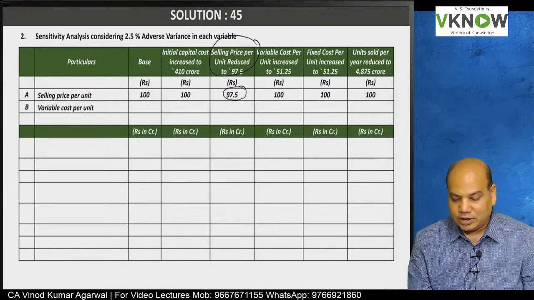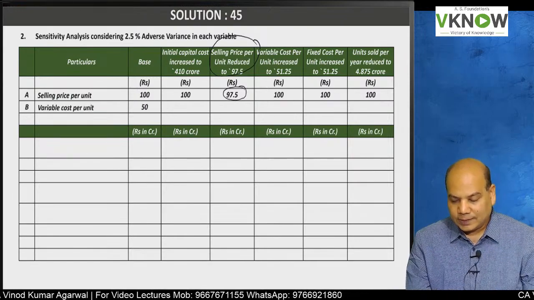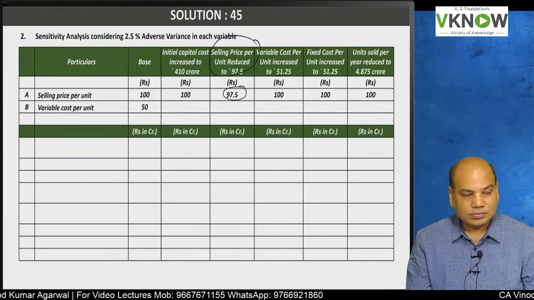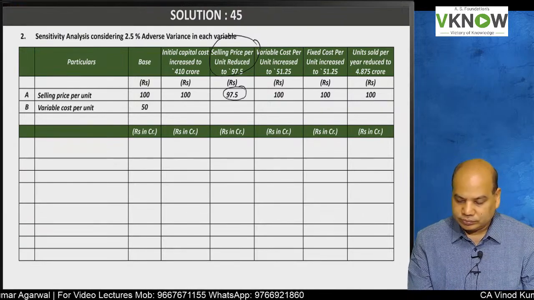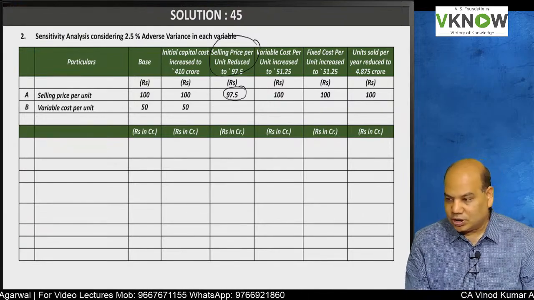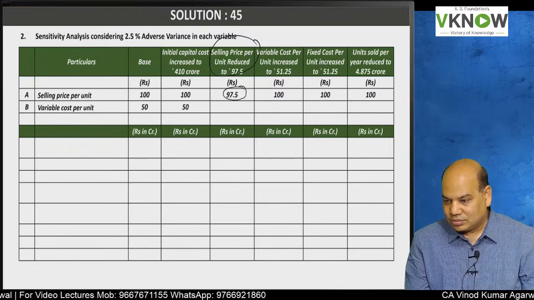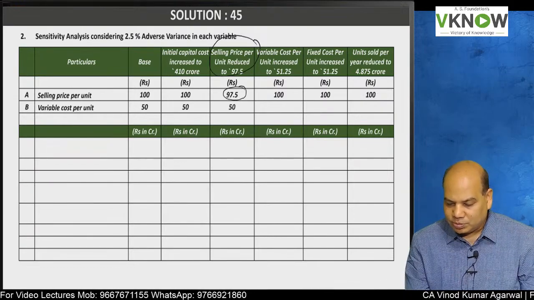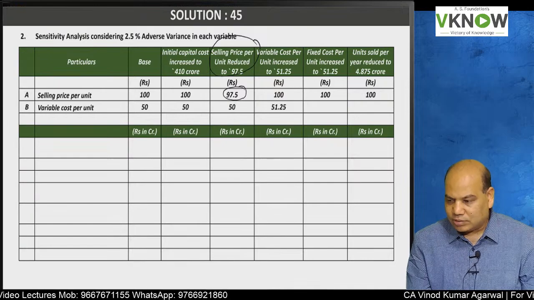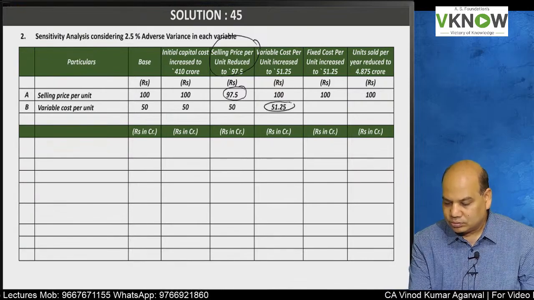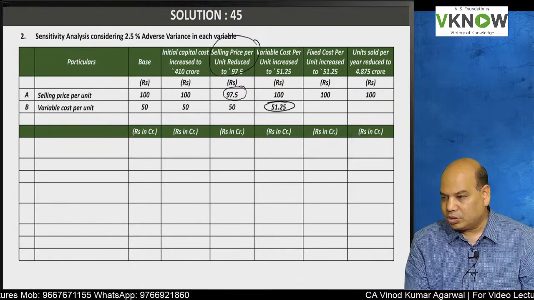Then we'll take variable cost per unit. Base is 50. In all other columns it will be 50 rupees. Only this column will change: 51.25.